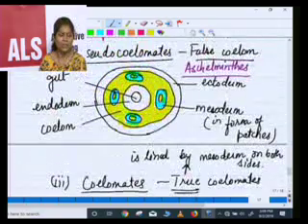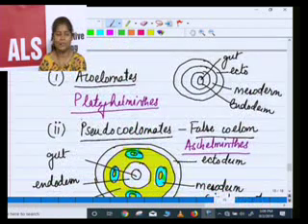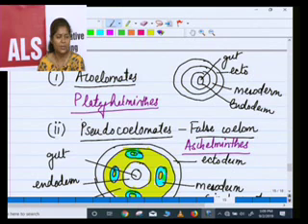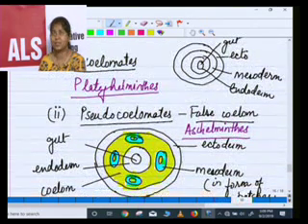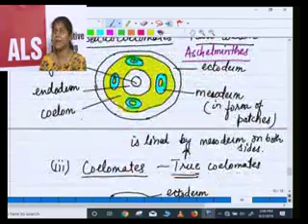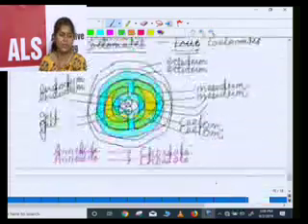Once again, coelomates, the animals which have a body cavity to accommodate the extra organs: acoelomate Platyhelminthes, pseudocoelomate Aschelminthes, and then we have coelomates from Annelida to Chordata.